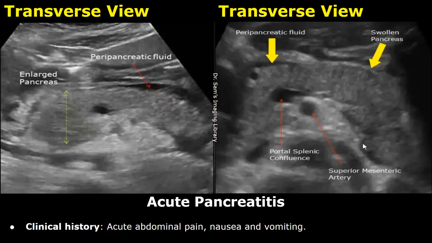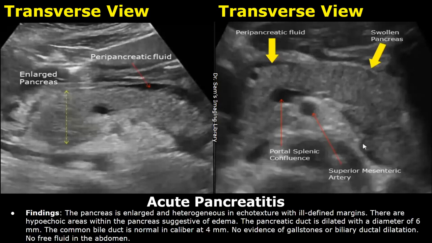The first case is acute pancreatitis. The clinical history in this example is acute abdominal pain, nausea and vomiting. These are the findings. You can write the pancreas is enlarged and heterogeneous in ecotexture with ill-defined margins.